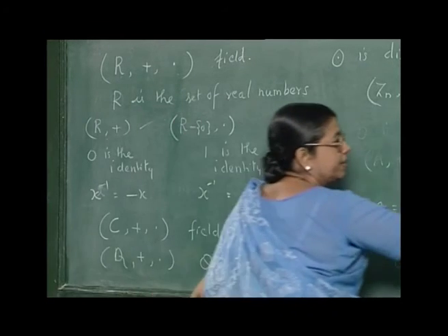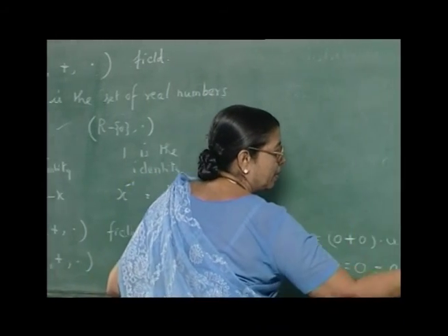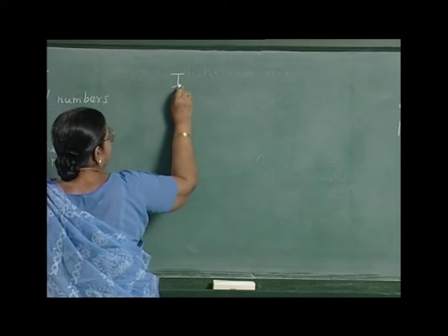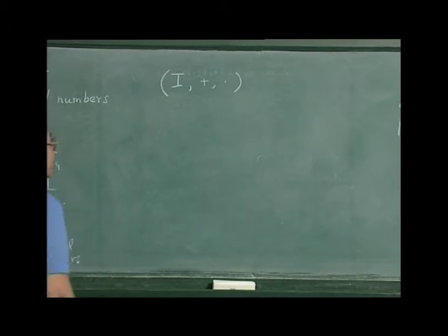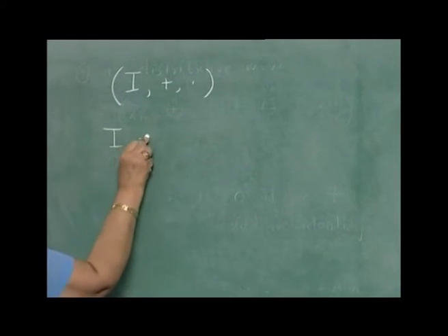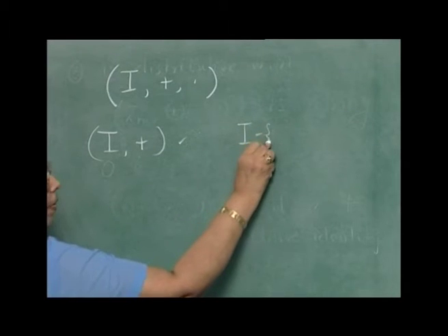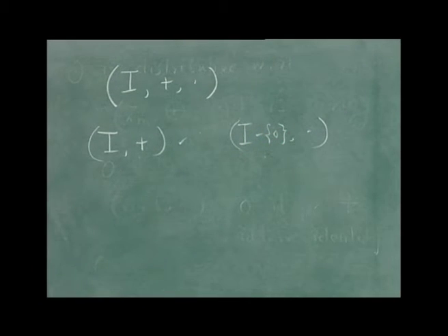Now, look at this. Set of integers, plus and dot. Is this a field? This is not a field because the first condition, (I, +) is a group, is okay, but (I minus 0, ·) is not a group, because if you take some element 3, what will be the inverse of 3?